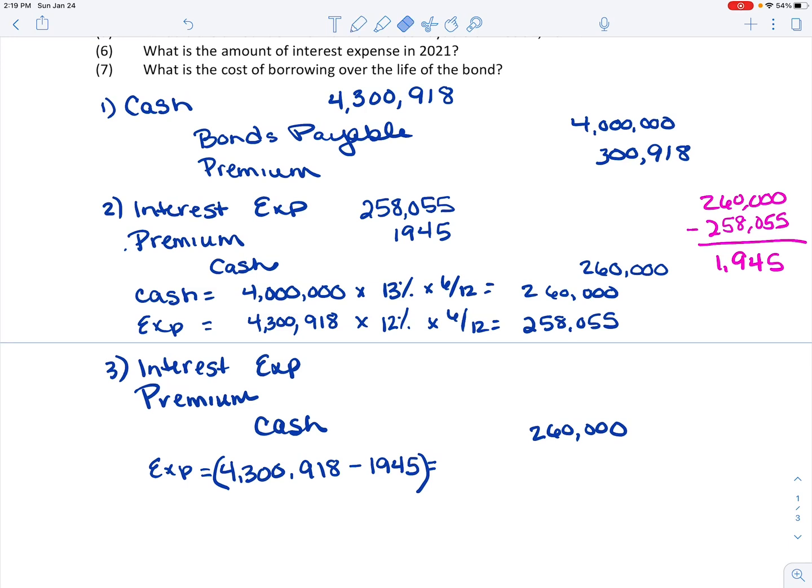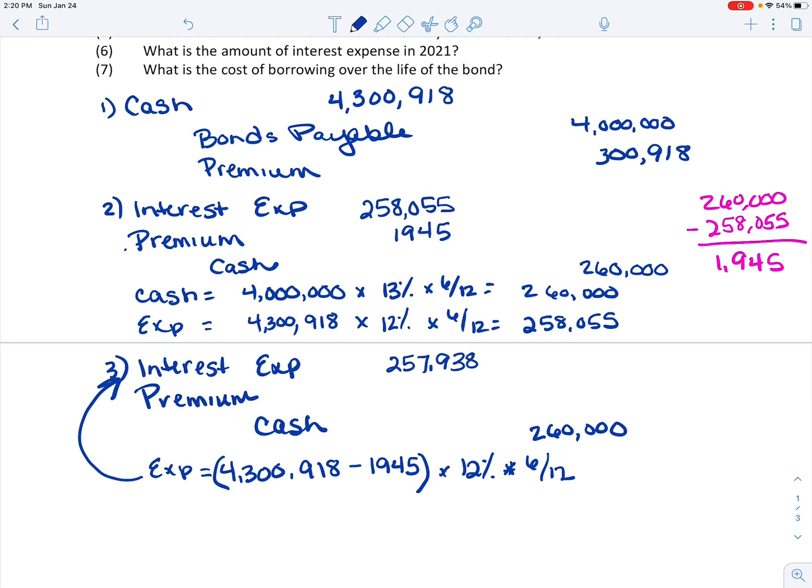And then I'm going to take that amount and multiply it by that 12% and multiply that by a half a year. That amount is going to come up here for my interest expense, which should be $257,938 if I did my math right.